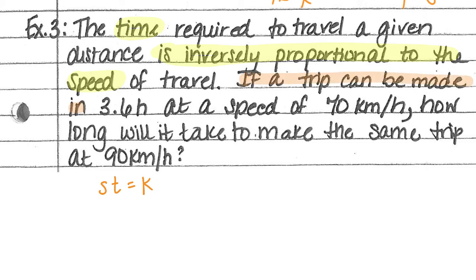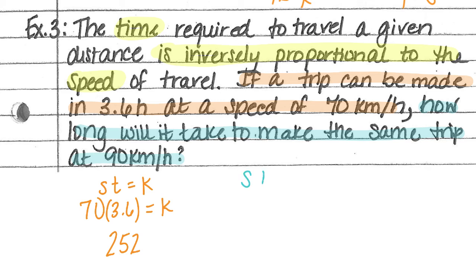If a trip can be made in 3.6 hours at a speed of 70, so we know the time is 3.6 at a speed of 70. Well, 70 times 3.6 is 252. So my second scenario says, how long will it take to make the same trip at 90?